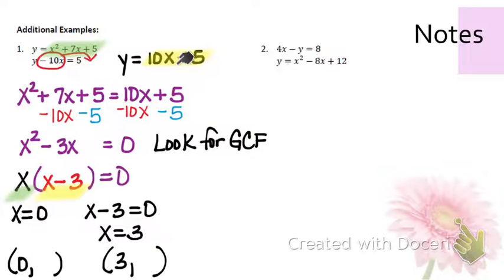So don't say it out loud, but use your calculators. Let's first find the y value when x is 0. So you're going to take 10 times 0 plus 5. See what you get. And for your second y value, it's 10 times 3 plus 5. So go ahead and find your two separate y values.